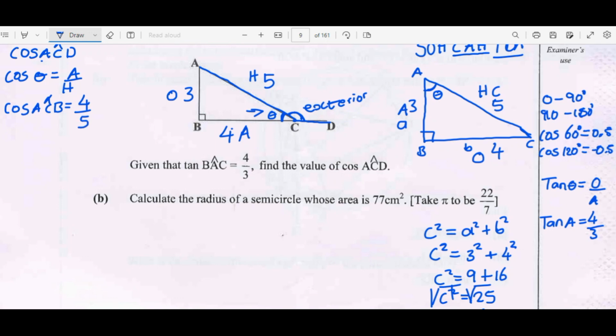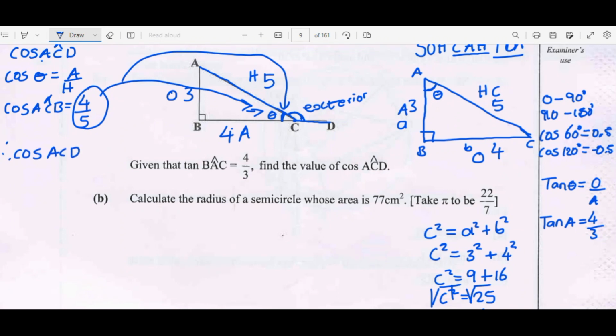So if this angle represents the interior, how can we find the exterior? The exterior will be found by introducing the negative to this one. So we'll say therefore cos ACD, which is the exterior, is equal to negative 4 divided by 5. So this is our final answer.